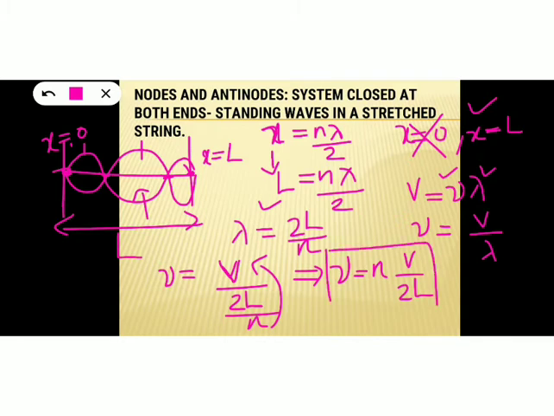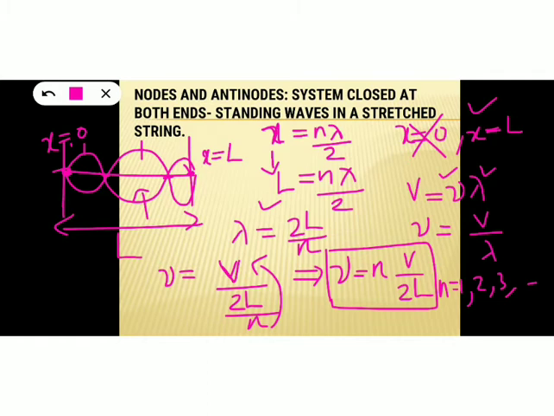Here n takes values 1, 2, 3, etc. n can't be 0, because if n is equal to 0, the frequency is 0, and there is no significance in discussing such a situation.